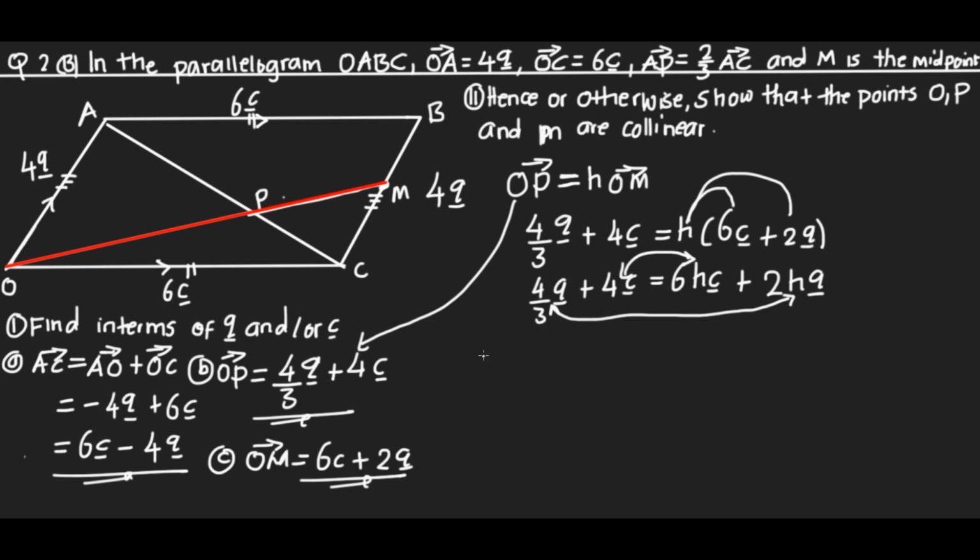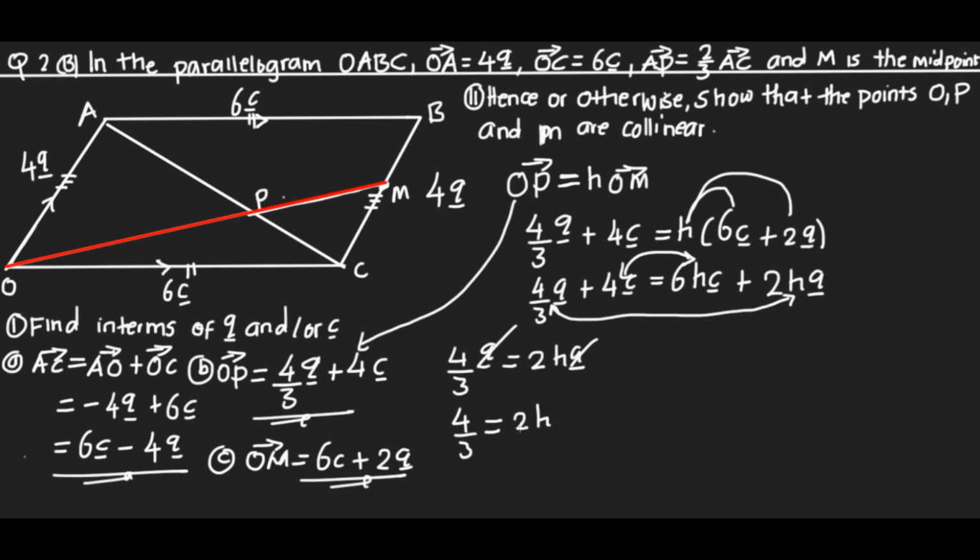For this one, I'm going to say 4 over 3 of Q is equal to 2H of Q. We have Q on both sides, so I can cancel the Q. Then I have 4 over 3 is equal to 2H.